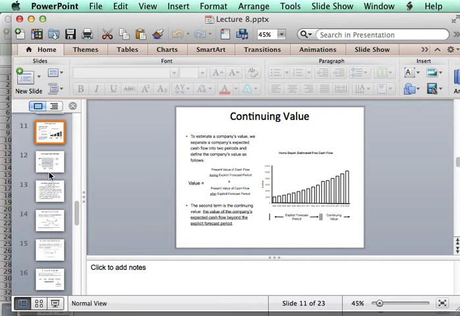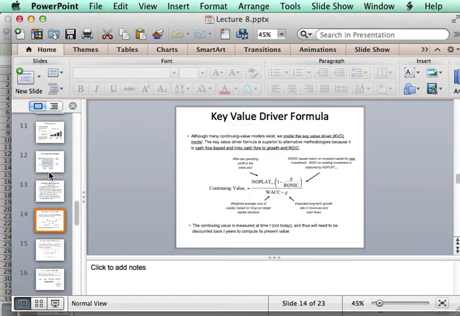So we've set up the model to forecast the cash flows. The first 10 years, we have 11 years worth of data, are the defined period or the explicit forecast period. Year 11 forward is the continuing value period into perpetuity. In just a few minutes, when we value the company in perpetuity, we're going to use the key value driver formula to give us the cash flow valuation into perpetuity. Okay? So those are the pieces of the puzzle that we're going to start putting together into our model.